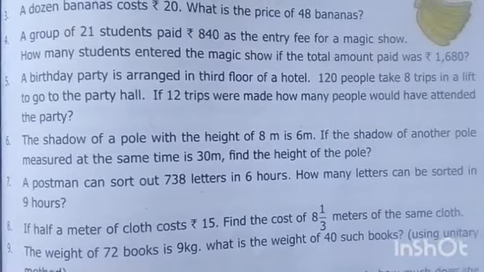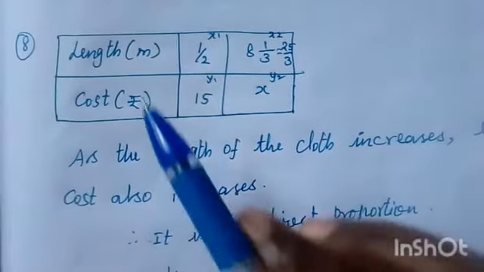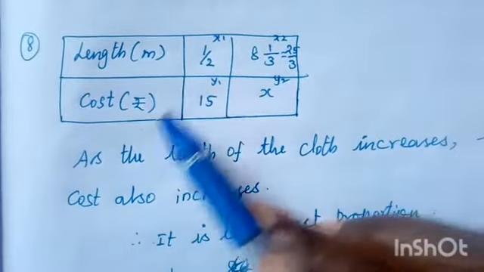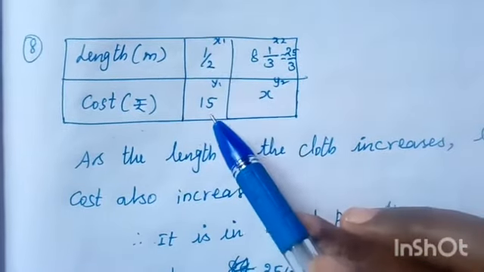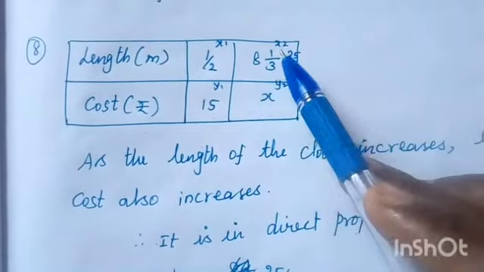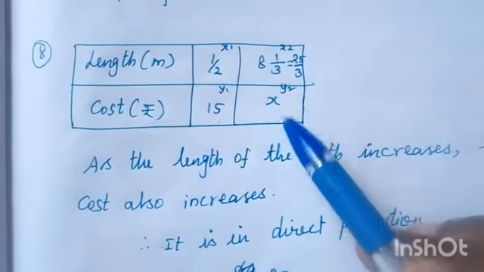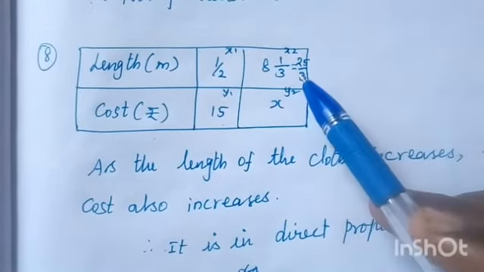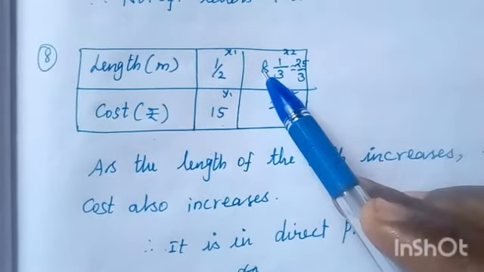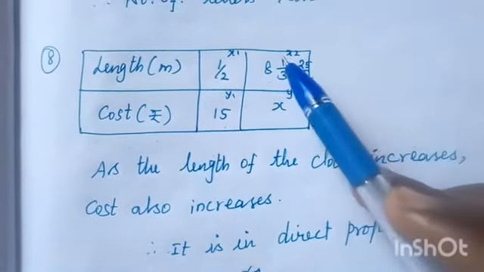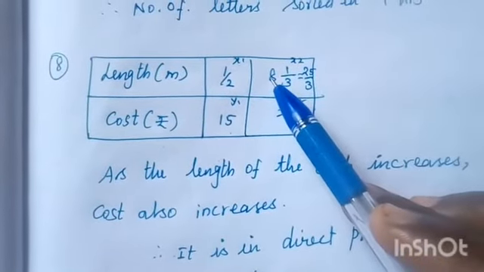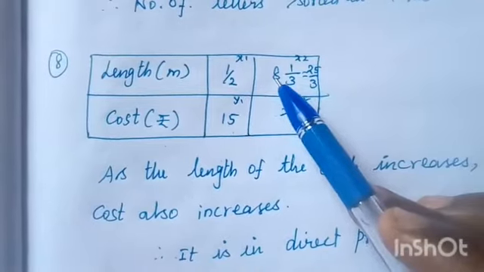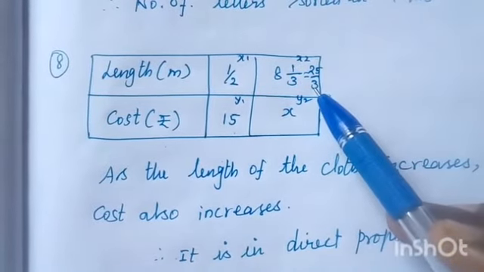For this problem, the length of the cloth is measured in meters. Half a meter costs rupees 15, and we want to find the cost of 8 1/3 meters. This is a mixed fraction, so convert it to an improper fraction: 8 into 3 is 24, 24 plus 1 is 25/3. Multiply these two, then add the 1.